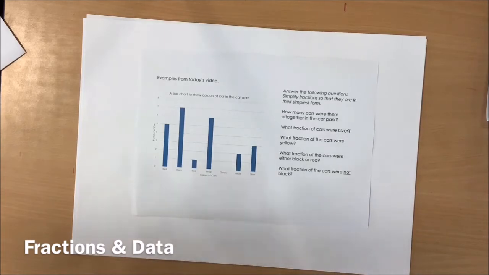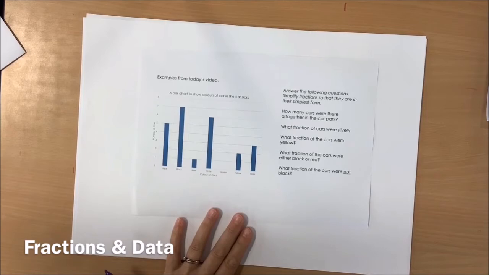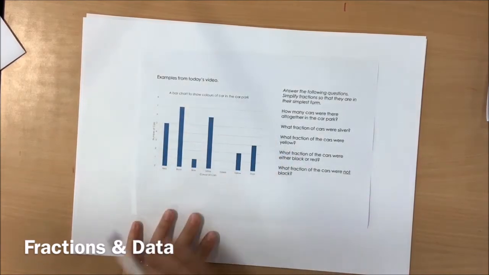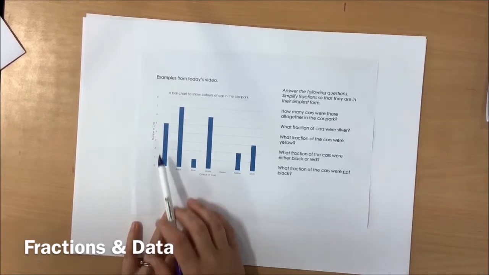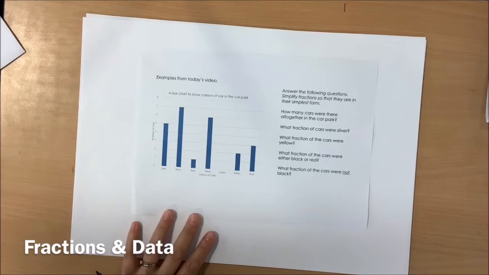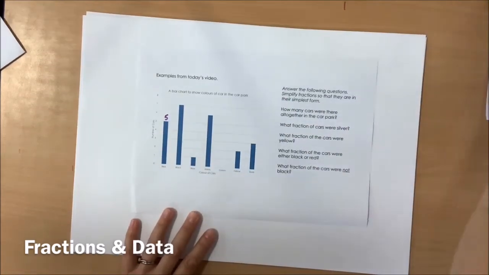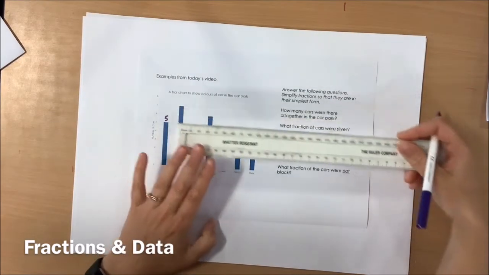And then it's always good practice, if you can, to write onto the bars what the totals are, and then that will help you to answer the questions. So this bar chart shows the colours of car in a car park. Number of cars are at the side, and that scale is going up in ones, and then we've got the colours of cars. So red cars here is 5. Another good thing to do is use a ruler to track back and see where you get to.